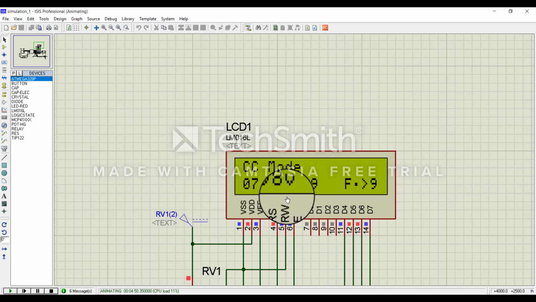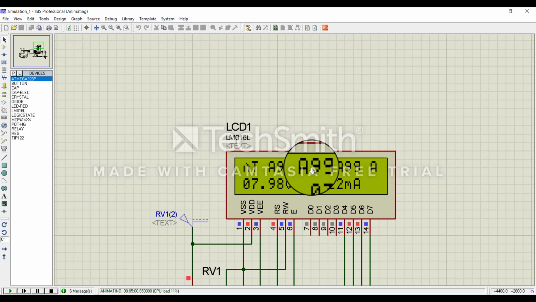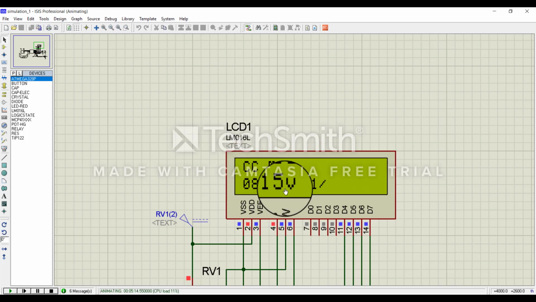So now it has reached almost 8 volt. Once it crosses that 8 volt margin, we can see that the charging mode will be switched to CV mode. So it has reached some value above 8 volt.